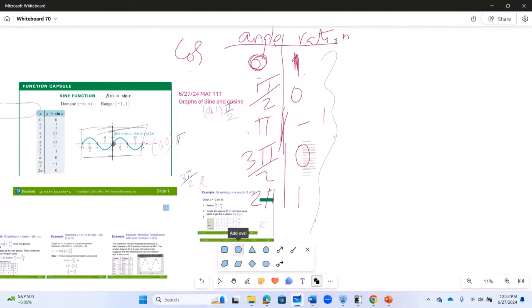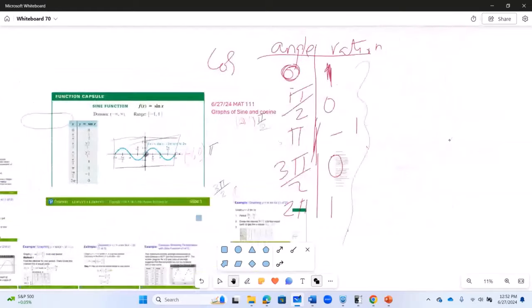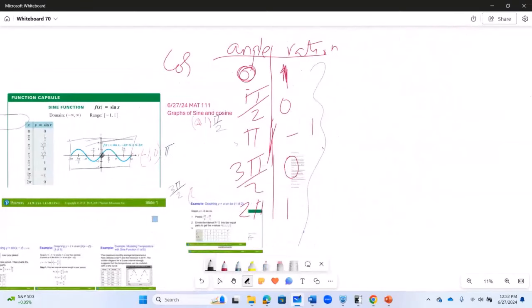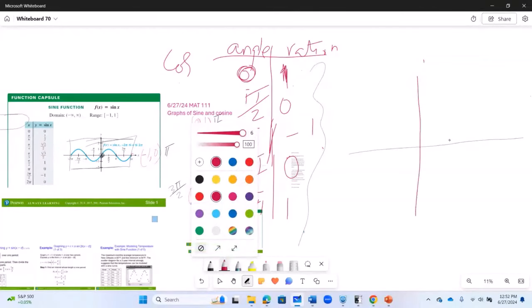I'm going to draw a line on my right hand side, then draw the vertical line. I want to graph only the right hand side, one revolution or one cycle of cosine.